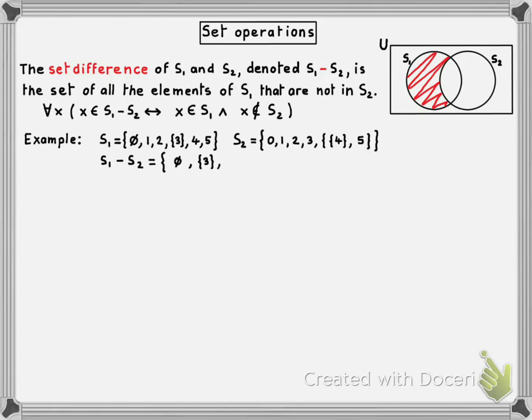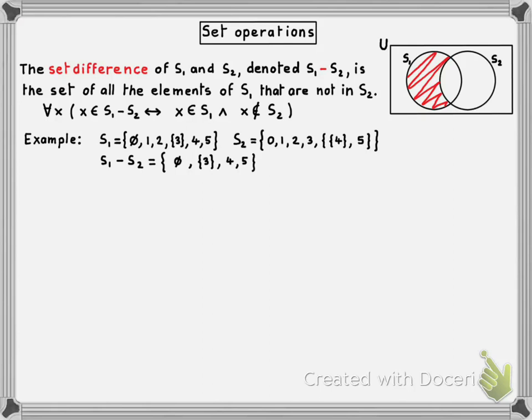Similarly, the singleton set S3 is in S1 but not in S2, so we add it to the difference. Notice how the integers 1 and 2 are not added to the difference because they are also in S2. And so on and so forth. We continue with the integer 4 and the integer 5, each of which is in S1 but not in S2 and therefore belongs to the set difference S1 minus S2.